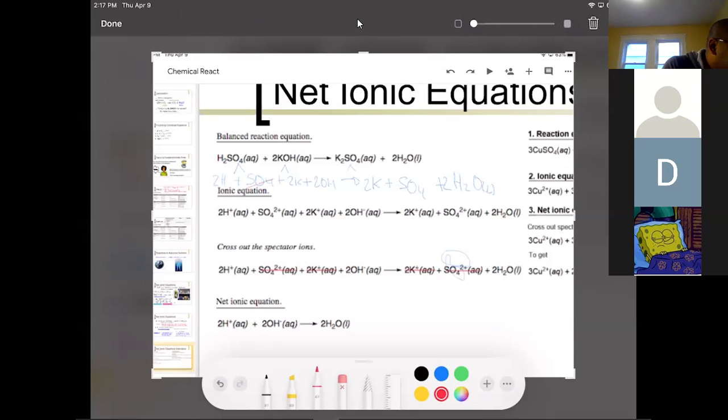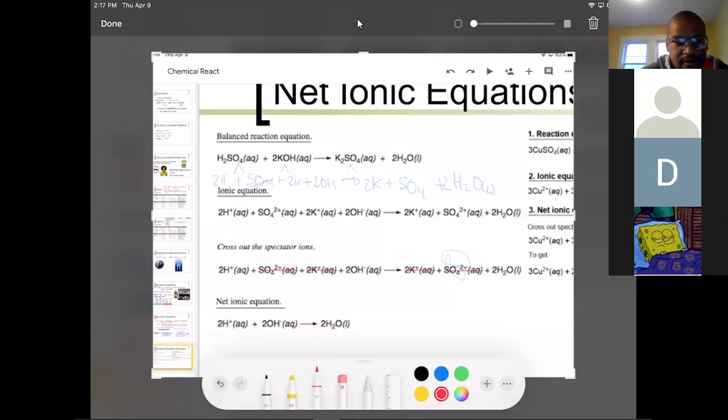And the 2Ks are also going to get crossed out because they show up on both sides. You'll notice that in the example, they have the charges. It's up to you if you want to put the charges on. It doesn't really change anything.